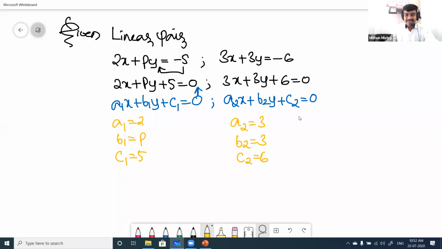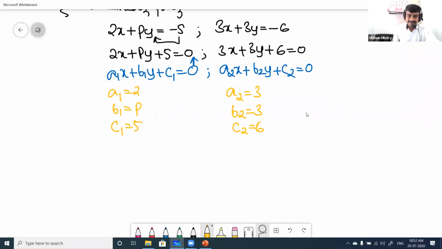Now I will be writing the condition which is given. As given, the pair has a unique solution.